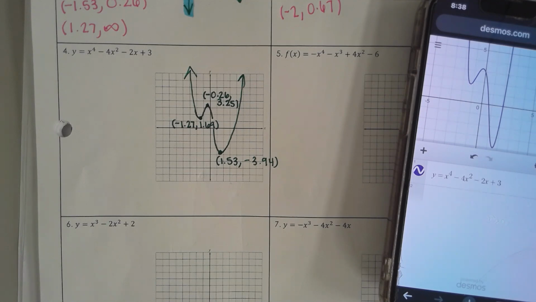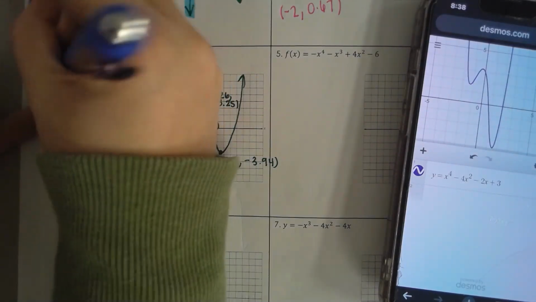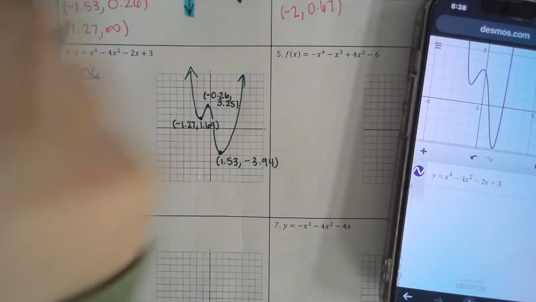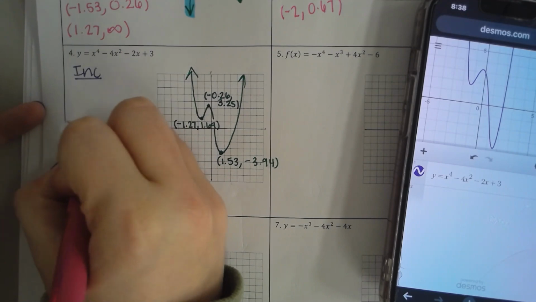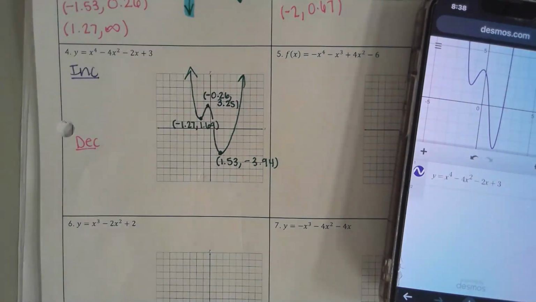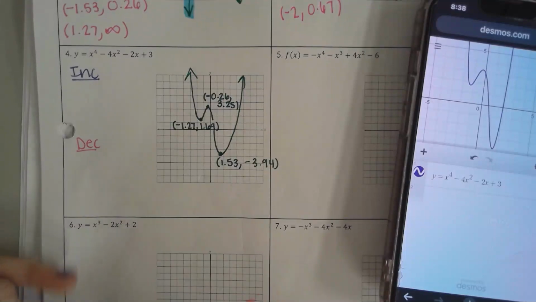Everybody getting these graphs? Does this graph start with increasing or decreasing? If you trace it, is your pencil going downhill or uphill first?